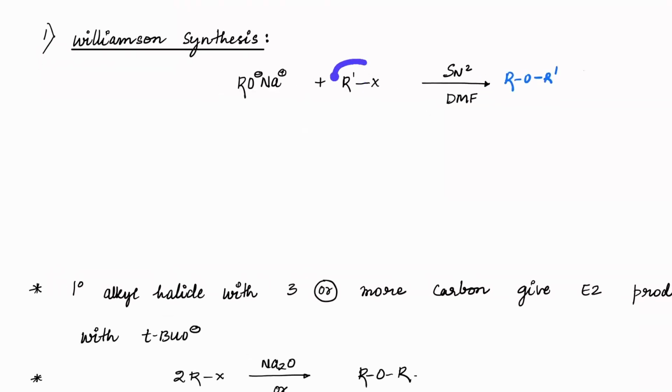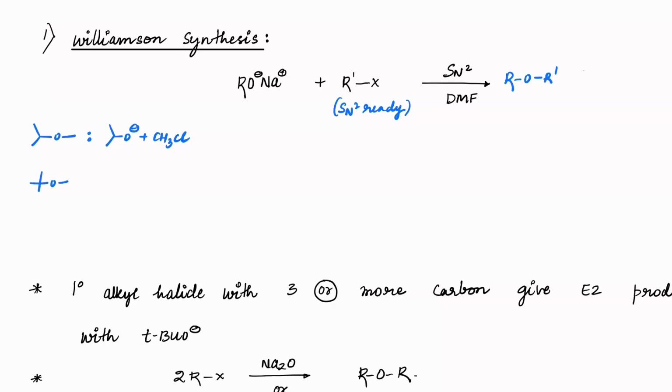Typically this R' must be in an SN2-ready form. So for example, if I want to prepare this ether, the best way to prepare it is to make an alkoxide and react it with CH3Cl or CH3X. This is the best way to prepare.